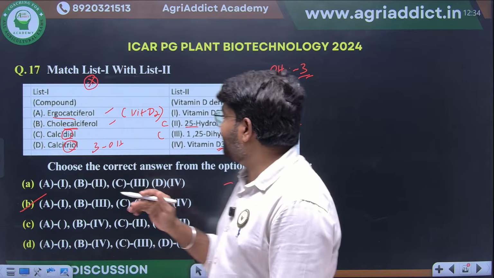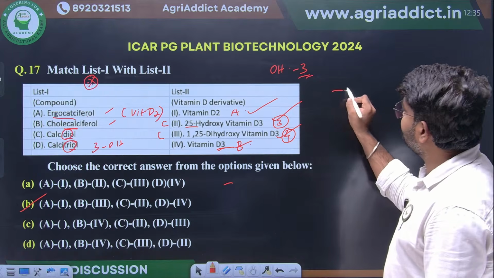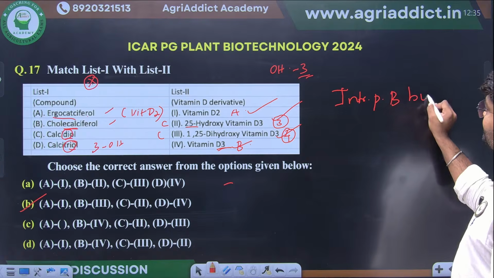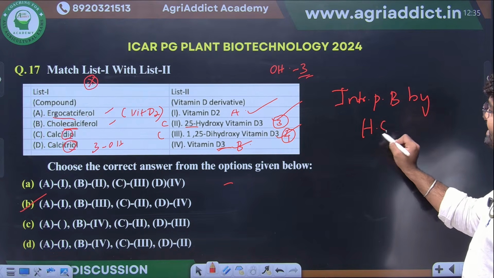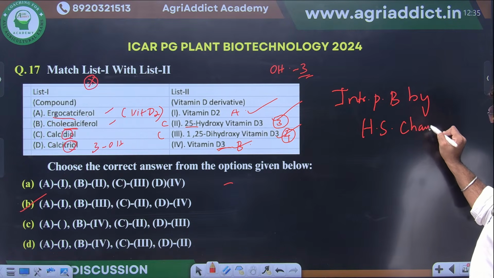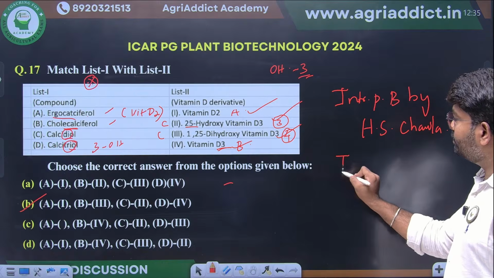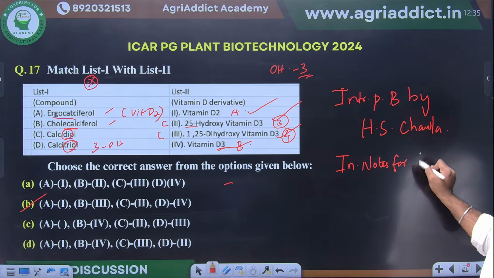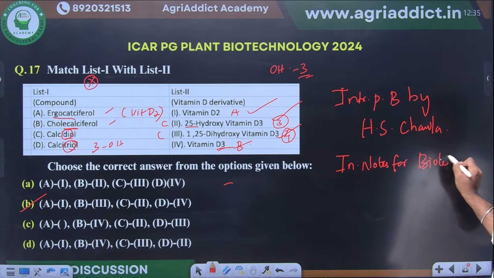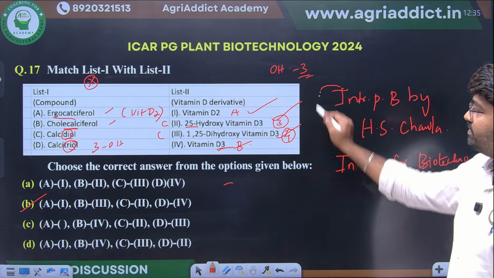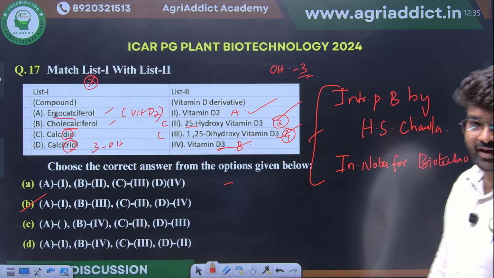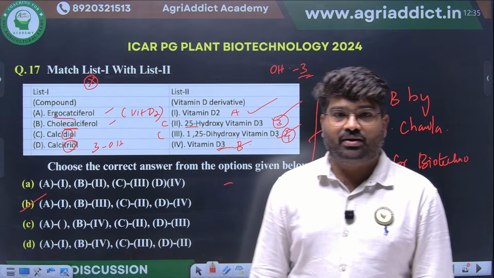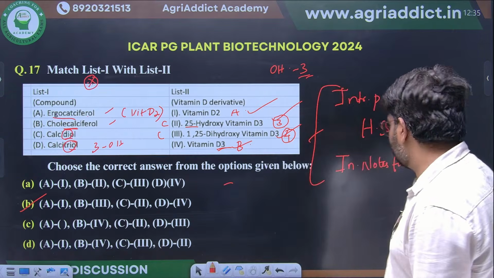I am writing here: Introduction to Plant Biotechnology by HS Chawla, one of the standard books. Second, Instant Notes for Plant Biotechnology. These two are very standard books. If someone has the BD Singh book, that is also preferable.